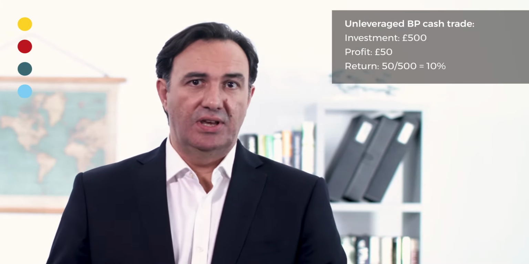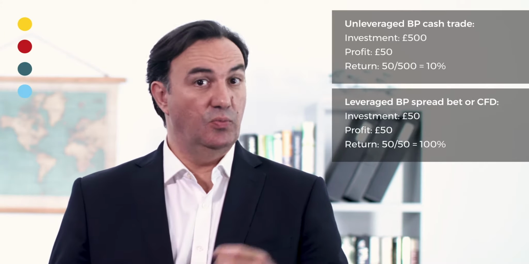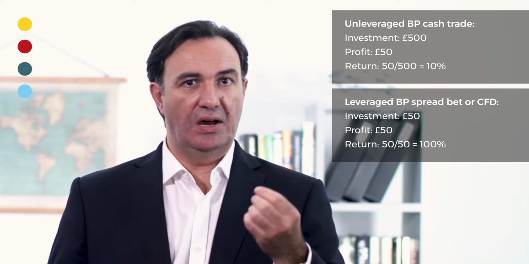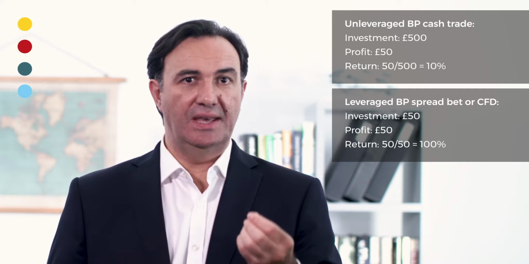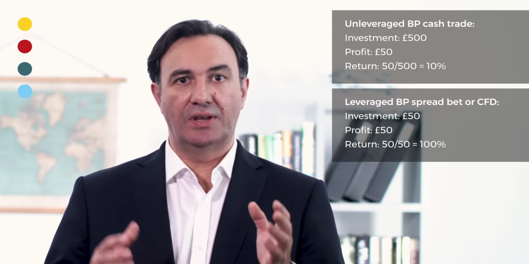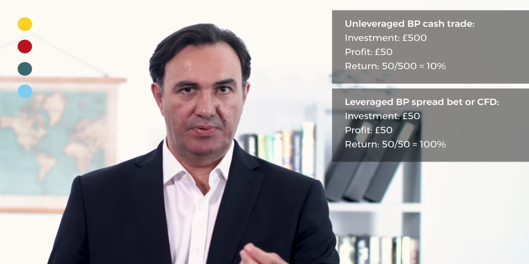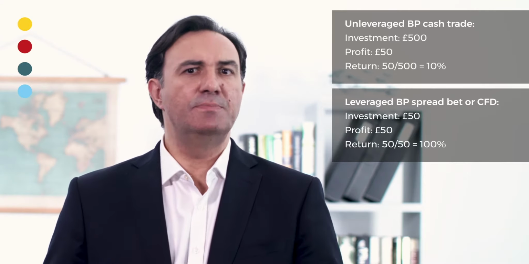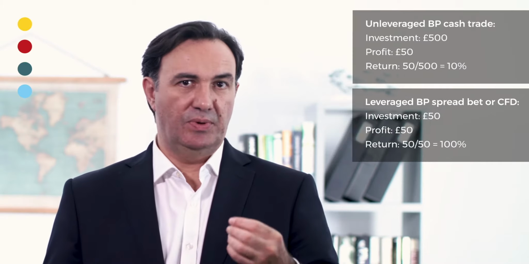Using margin trading, we increased our overall returns and we achieved a 100% return on our initial investment of £50 instead of only a 10% return on our cash purchase of £500. The BP share price had the same increase in both cases from £5 to £5.50, but when we used leverage, our return greatly increased. Yes, I see that. That's a really big improvement.